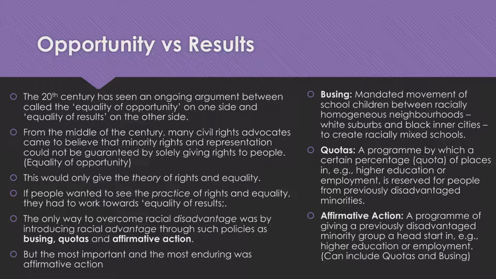A lot of times in American universities, what you'll see is instead of going 10% is African Americans, 10% Hispanic, which is quotas, instead they'll use affirmative action, which is where they pick from a pool of African Americans first. Okay, so they'll pick the top 5% of the African Americans, then pick the top 5% of Hispanic people, then the top 5% of East Asian people, then the top 5% of white people, and then they do the rest of the cohorts.